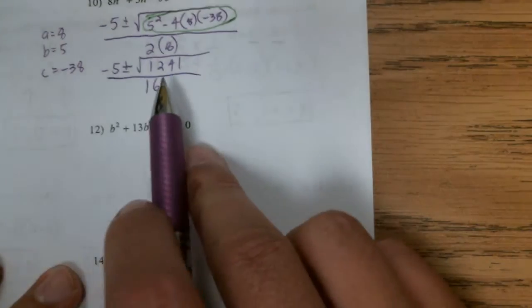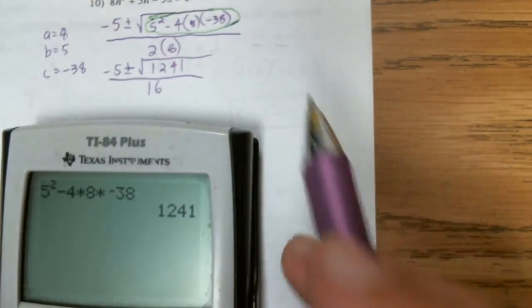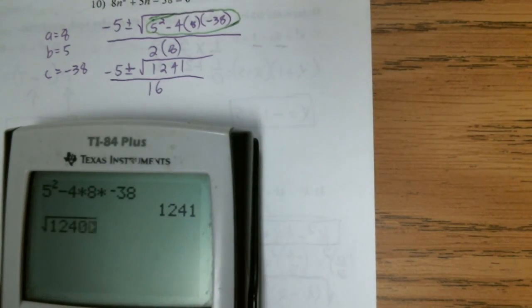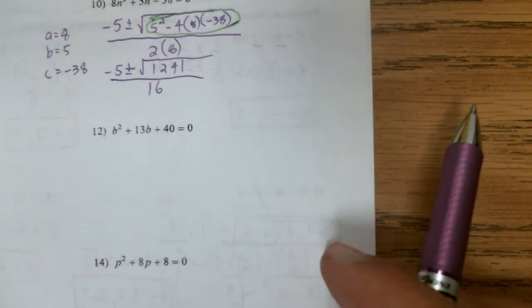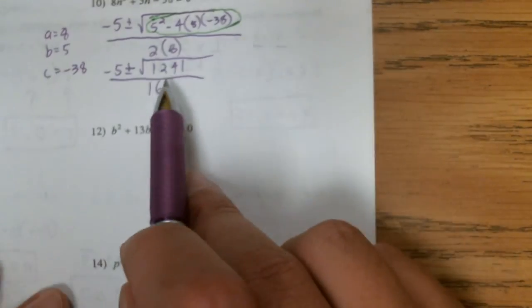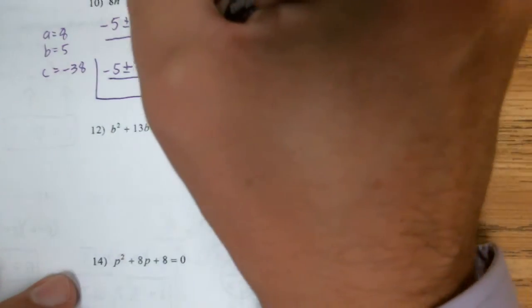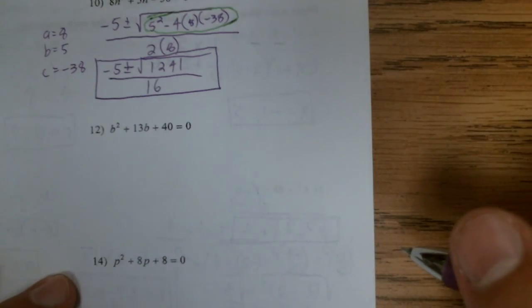Okay, now once again, let's see if I can take the square root of 1241. Square root of 1241. Whoops, sorry. Square root of 1241. No, that's some decimal. Okay, so I can't take the square root of that. So if you guys want to leave this as an answer, as the exact answer in a test or quiz, that's perfectly fine.